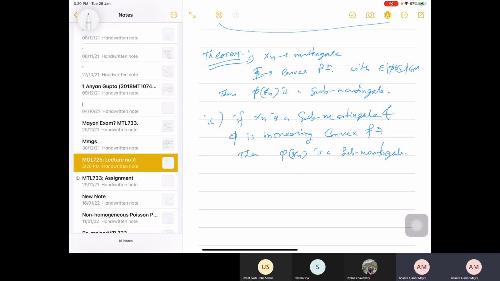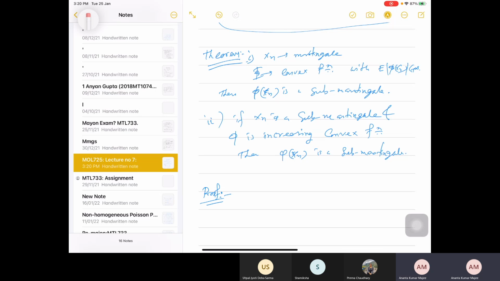So even from a submartingale we can construct many submartingales using this theorem. Let us look at the proof. The proof is really simple, where you will use the conditional Jensen's inequality.